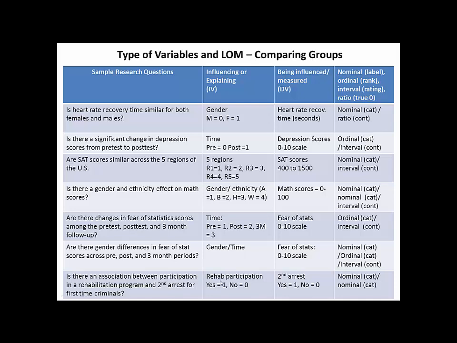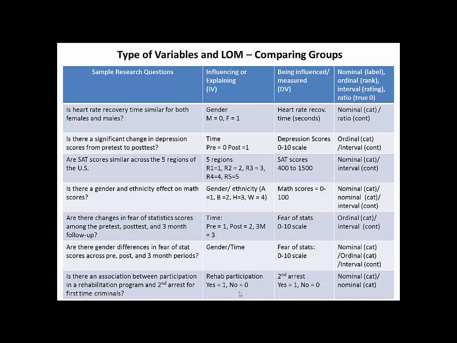So participation in the rehabilitation program is the independent variable, where 1 is yes and no is 0. And then second arrest is what we believe is being influenced by participation in the rehabilitation program, and 1 is yes and no is 0.